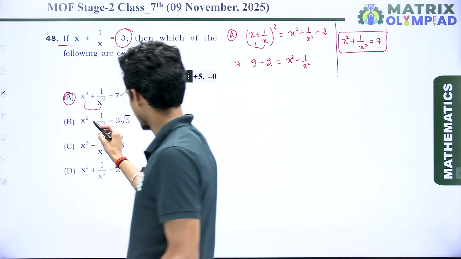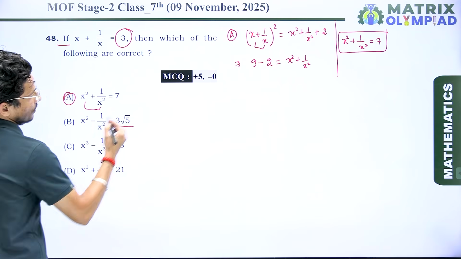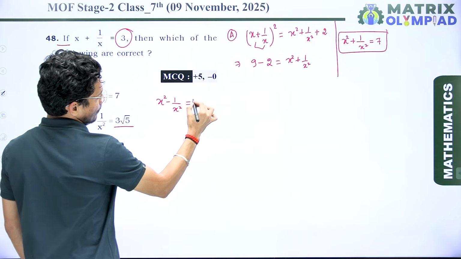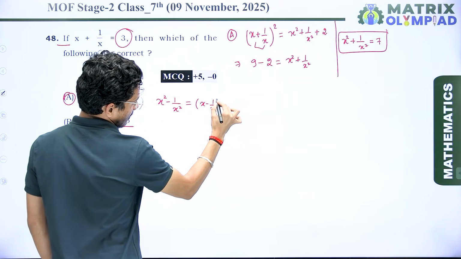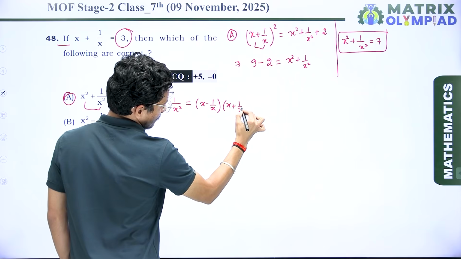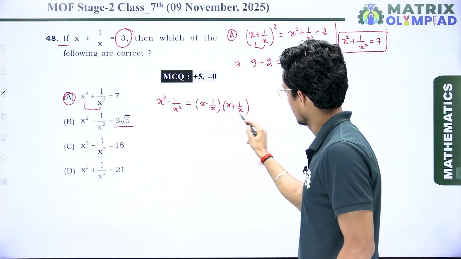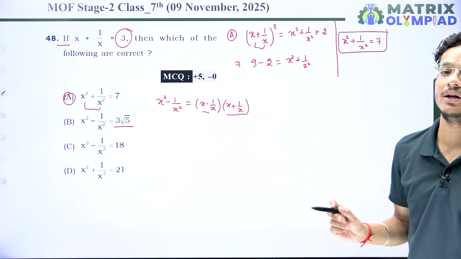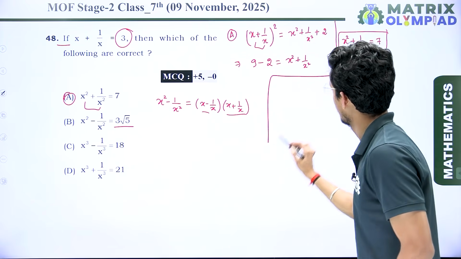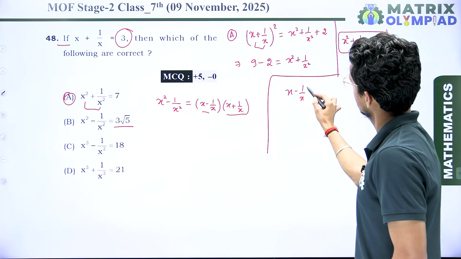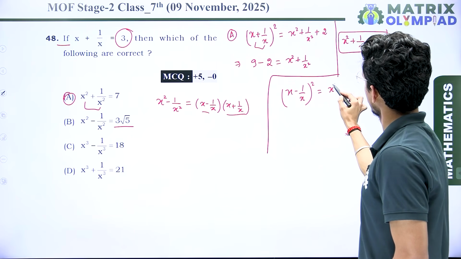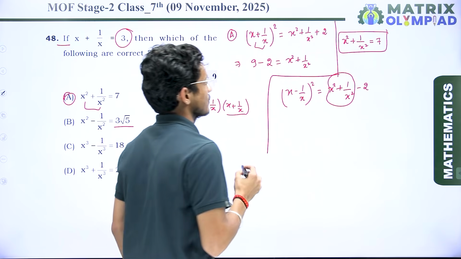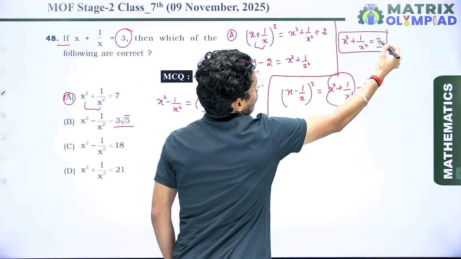Next is x square minus 1 upon x square is equal to 3 root 5. So we know x square minus 1 upon x square, that is x minus 1 upon x, and here x plus 1 upon x. The important thing is here we know the value of x plus 1 upon x, but we don't know the value of x minus 1 upon x. So first we have to find the value of x minus 1 upon x. So again we know x minus 1 upon x whole square, which is equal to x square plus 1 upon x square minus 2, and the value of x square plus 1 upon x square is already we have to find, that is 7.